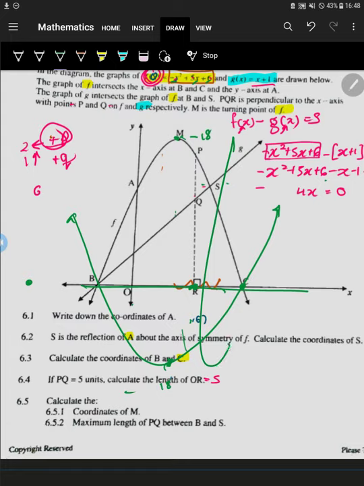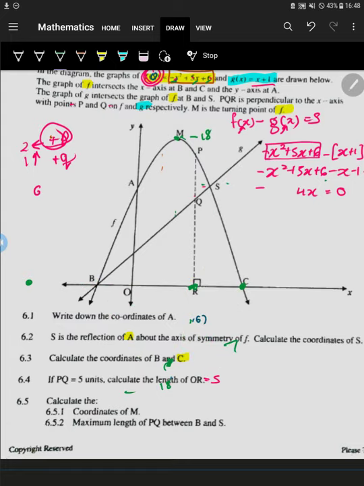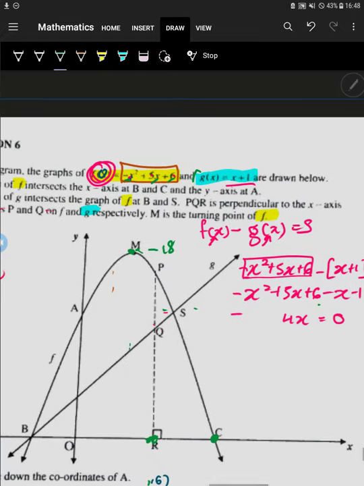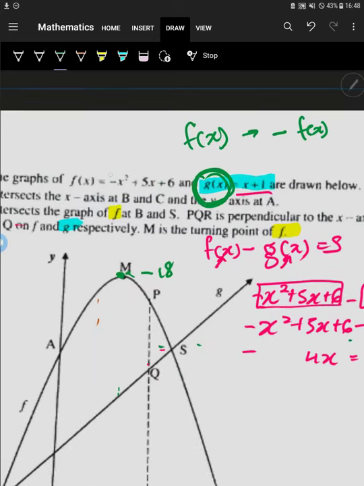And we know the y value is represented by this number here, g of x or f of x, whatever the case is. So f of x reflected about the x-axis becomes negative f of x. How would we show that? We say this is f of x, and we want to find negative f of x. We put a big bracket here, put a minus in the front, and just take the minus in and change all the signs.